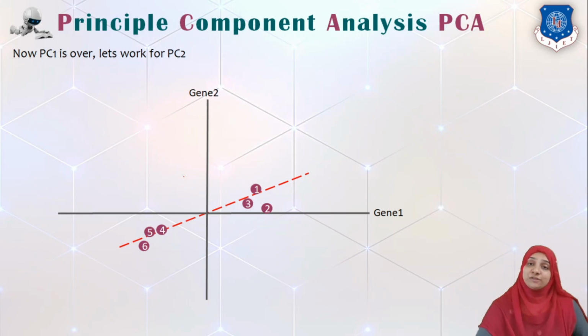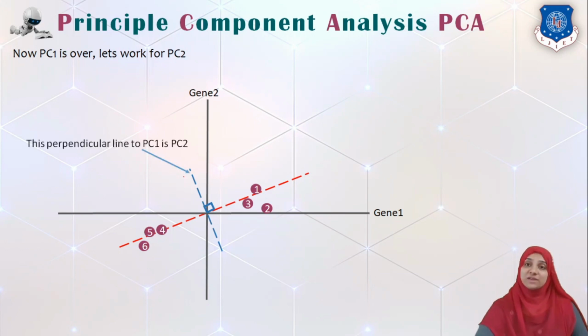Now to find the second principal component, or an axis called PC2, principal component number 2, we need to identify an axis which is orthogonal to our PC1. So we will find an axis which is perpendicular to the PC1 axis. Any axis perpendicular to PC1 is simply called the PC2 axis.